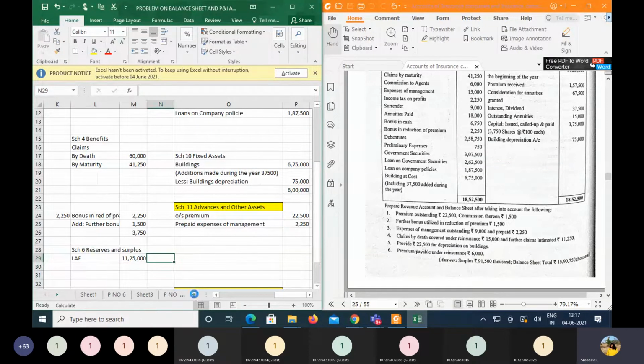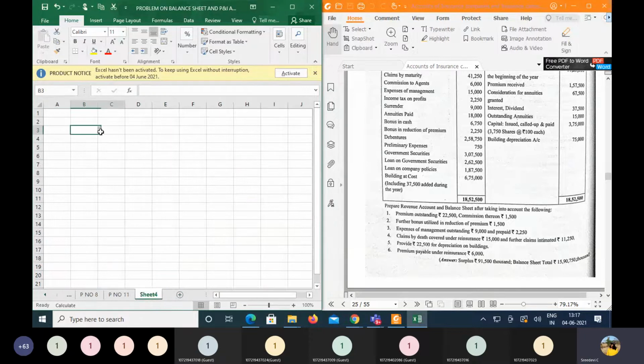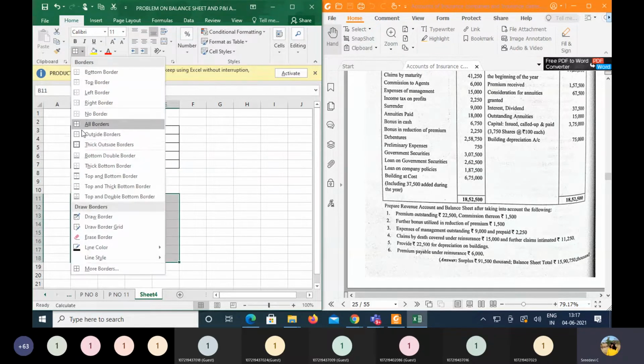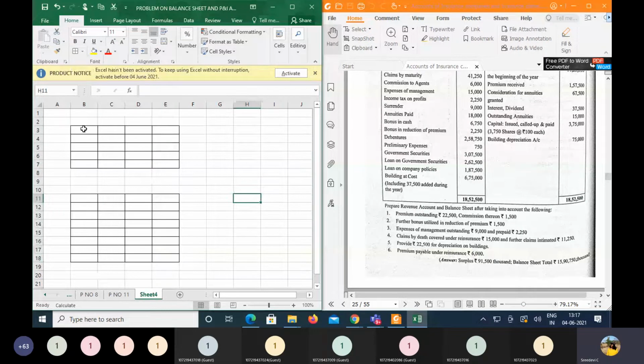Okay, for this I would just like to go with a small example, just bear with me for a second, so that you will never forget this. In general, let us assume the first table is the revenue account.